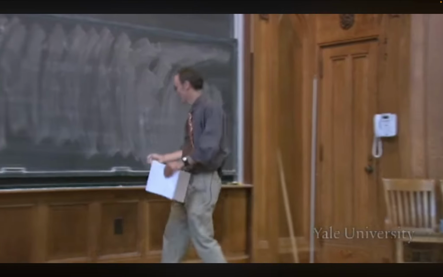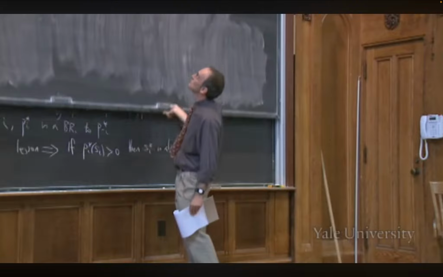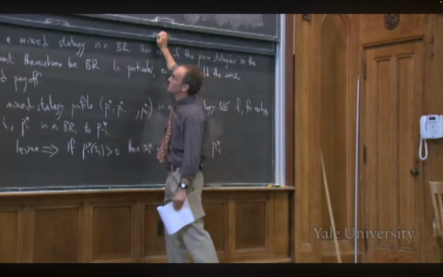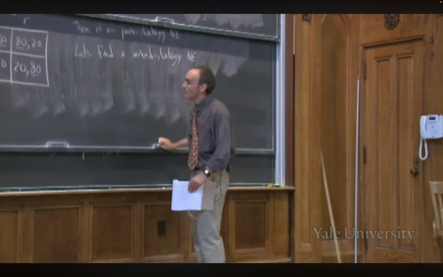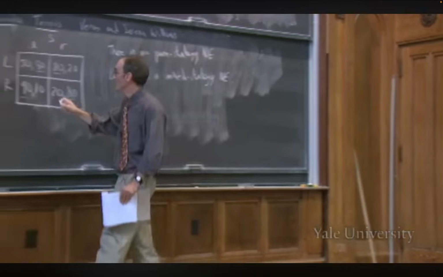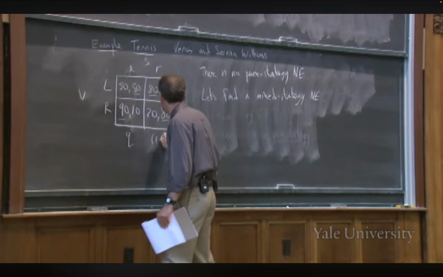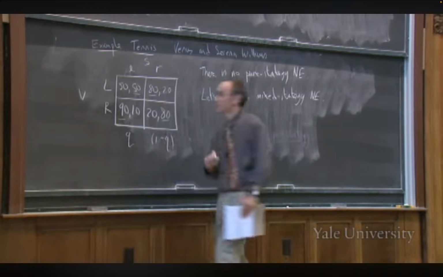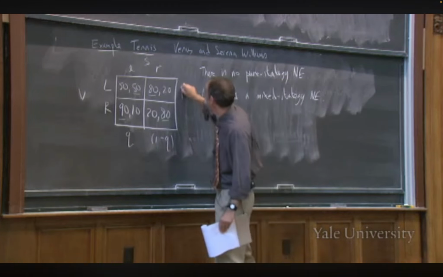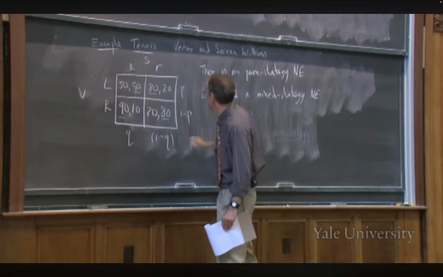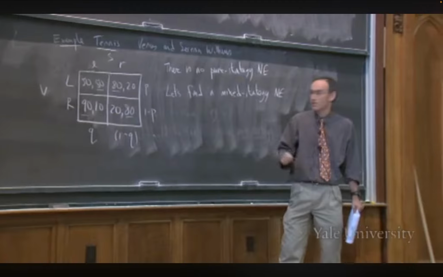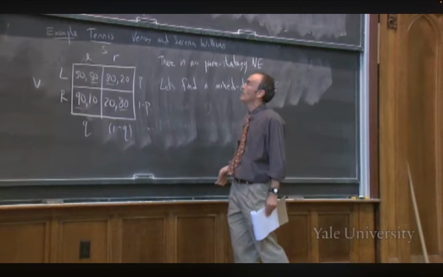All right, and having just put it up there, let me bring it down again. This was not so intelligent of me. I actually want to bring in some notation. So as before, let's assume that Serena's mix is, let's use Q and 1 minus Q to be Serena's mix, and let's use P and 1 minus P to be Venus's mix. Okay, just establish that notation.